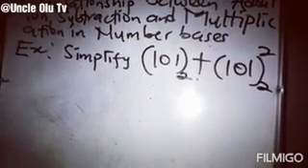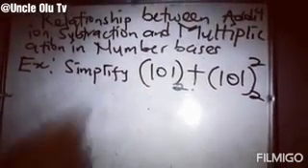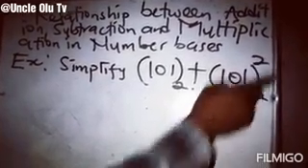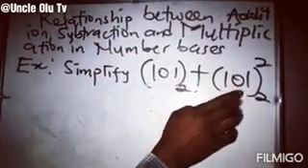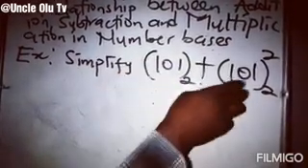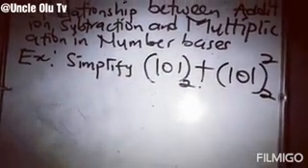Now, if you look at this, we should simplify 101 base 2 plus 101 base 2 raised to power 2. That means we are going to multiply this one twice before we now add it to this one. That's the meaning, but we are going to do them in base 2.